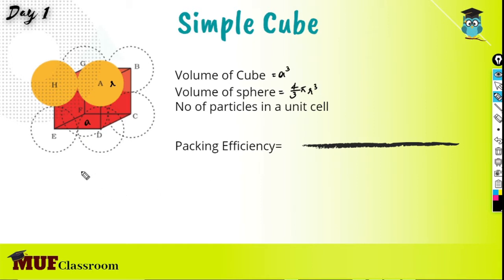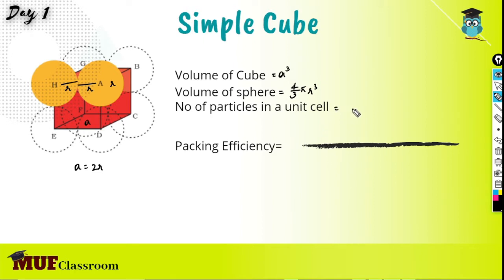Now the relation between the edge length and radius of the sphere is given as A is equal to 2R. The edge length A is equal to R plus R, that is 2R.